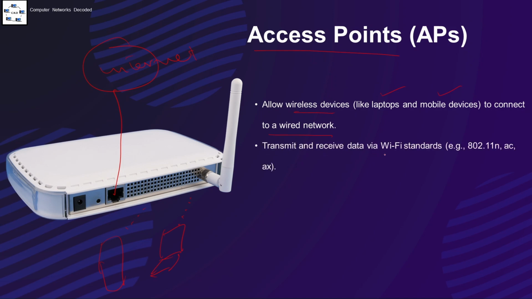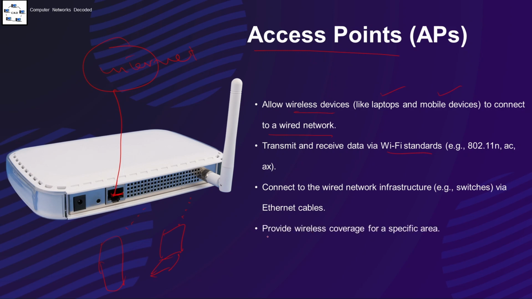They transmit and receive data using Wi-Fi standards such as 802.11n, AC, and AX, and the access point connects to the wired network infrastructure, for example other switches, through these Ethernet ports and Ethernet cables.